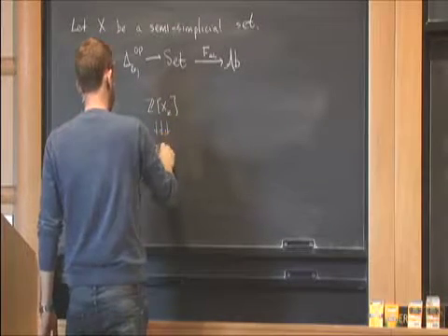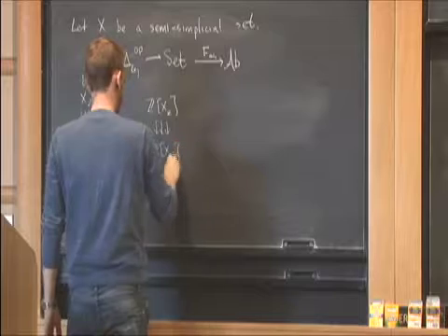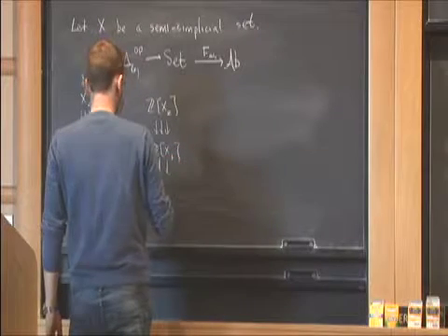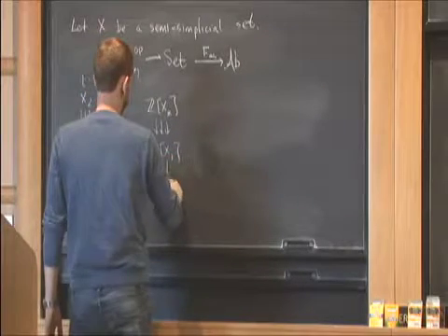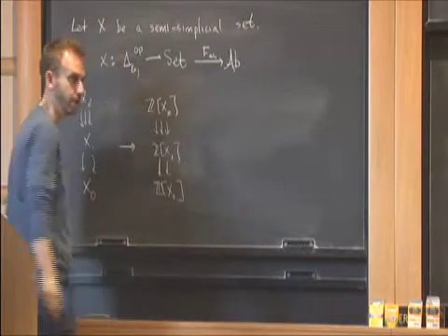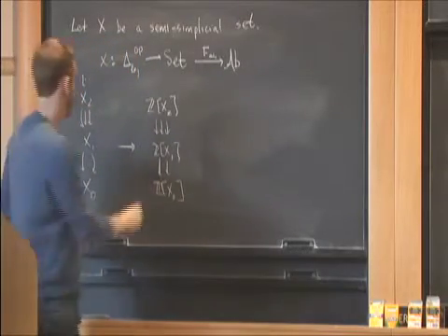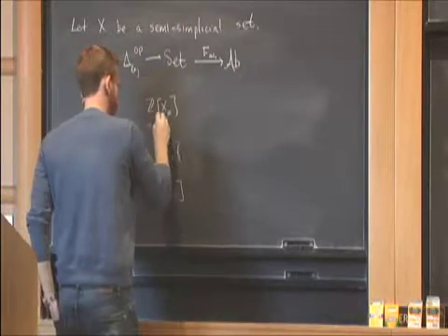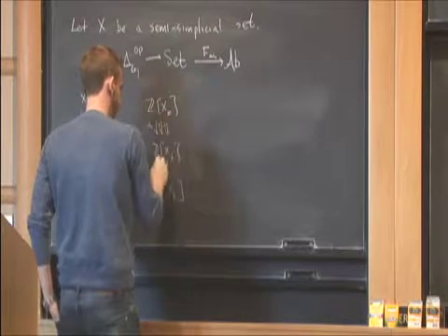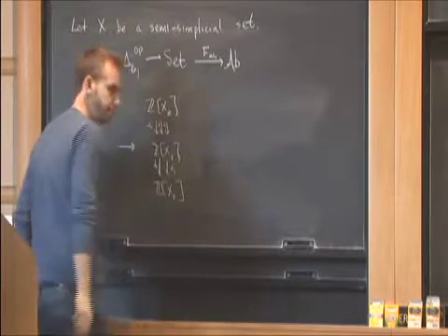Then here I have Z on a set of generators X1, and then I have these two maps. And then I have Z on a set of generators X0. And these are d0, d1, and d2. And this is d0 and d1.